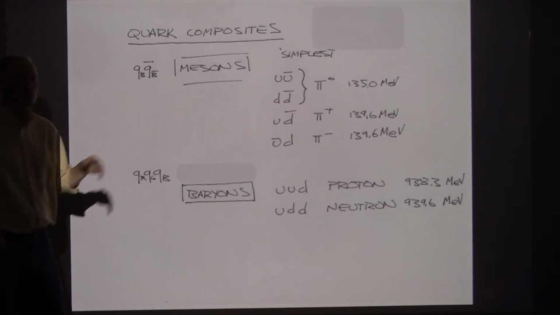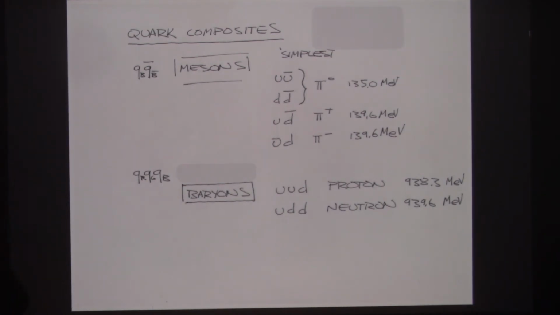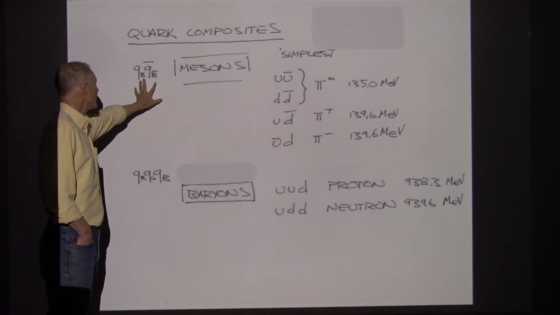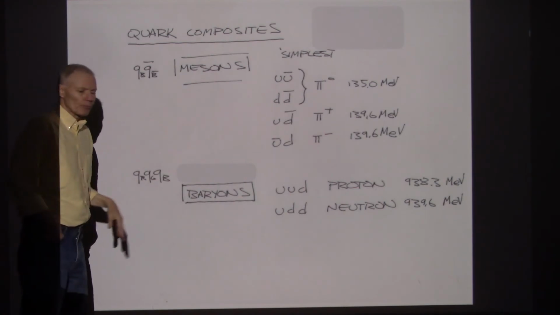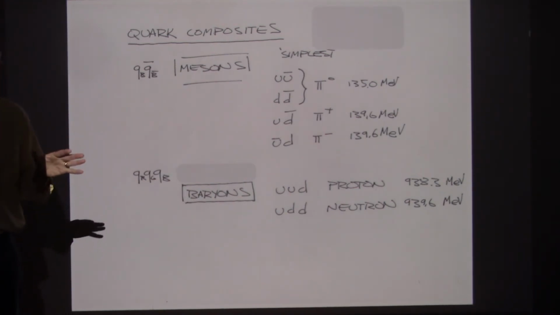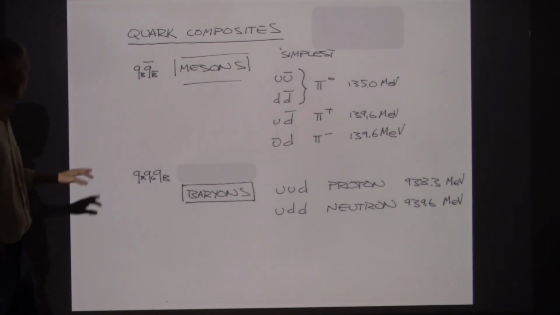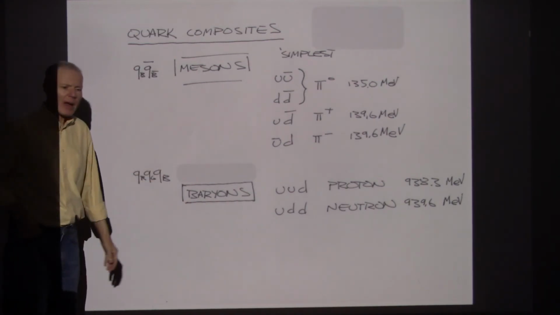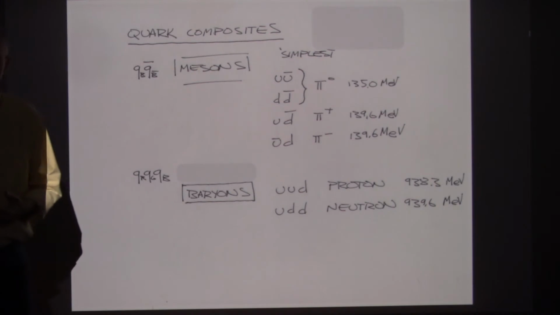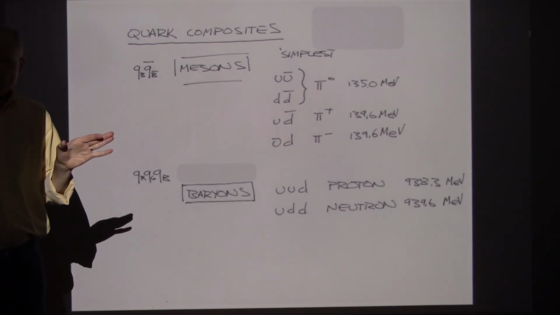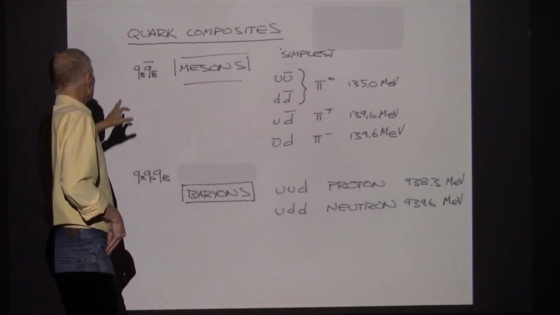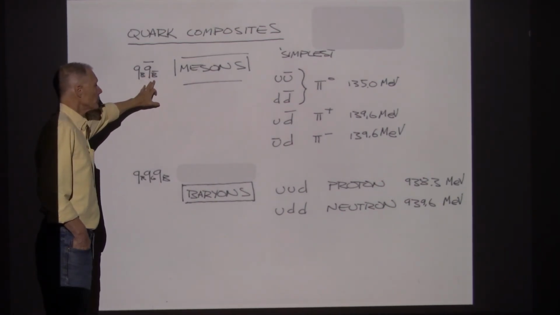So antiquarks have anti-color. And so blue and anti-blue also become attractive. So red, green, the statement here is that the attractive forces occur for colorless combinations. So if you put one quark in the red state, one in the green, one in the blue, that becomes a colorless combination in the same way that if I had a positive charge and a negative charge, the combination would be neutral. Here, it's just the blue and the anti-blue that cancel out.